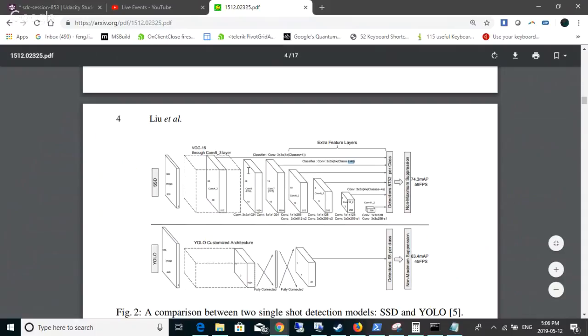Each one of these is at a different scale and resolution, and they add up together, and you'll be able to apply non-maximal suppression at the end of it. This is said to have done a better job than YOLO and region proposal networks like R-CNN.